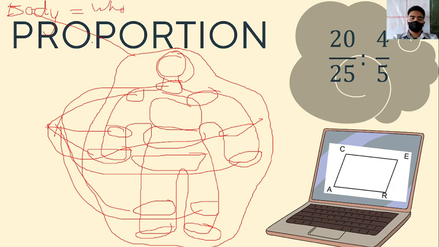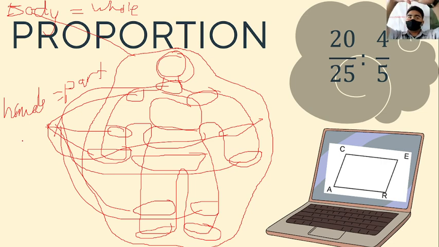But if I just ask you, what is your hands? That is only a part of your body. Hands, knees, toes, shoulders are just parts of your body, and your whole body is the total form of your figure.